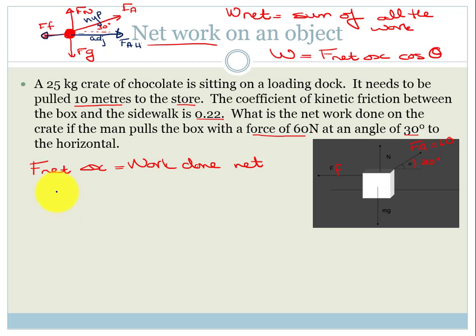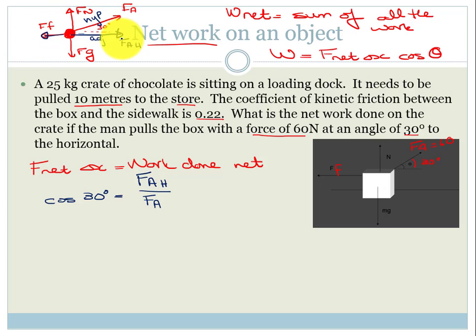So we could say that cos of 30 degrees is going to be the adjacent, which is F applied horizontal, over the hypotenuse, which is F applied. Do you understand that we've got the force forward, but it's at an angle pulling the box forward, but we also have the force of friction, which is pulling it backward.